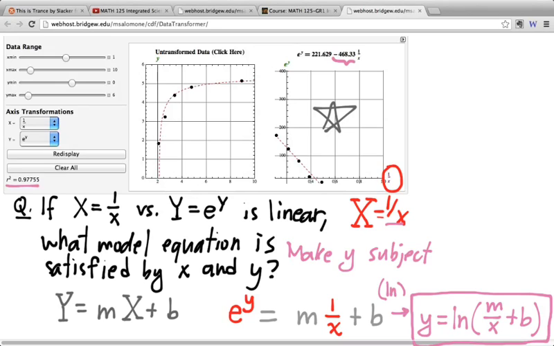So here was our m, and here was our b, right? The slope is the coefficient of the independent expression in the transformed graph. The intercept is the additive constant.